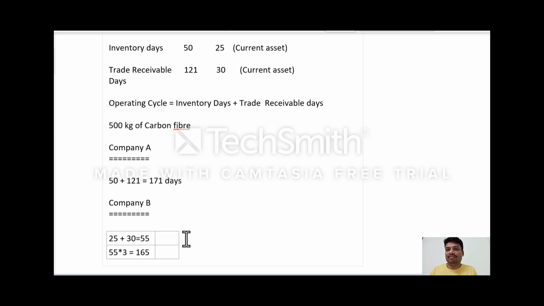Just see how by managing just the inventory days and trade receivable days, a company becomes profitable.